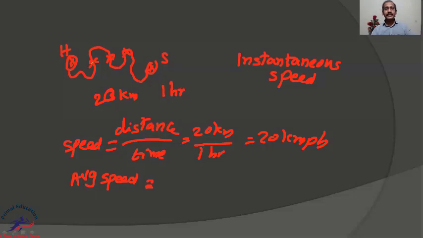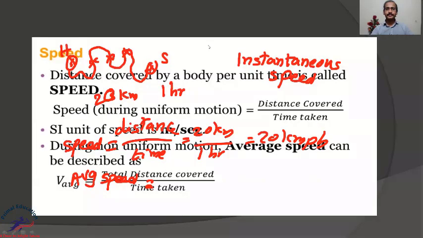Between these two points, what is the speed? Between these two, what is the speed? So if you calculate the total distance in total time, that we can call it as average speed. Got my point? Yes, clear? Can we go ahead? All right.